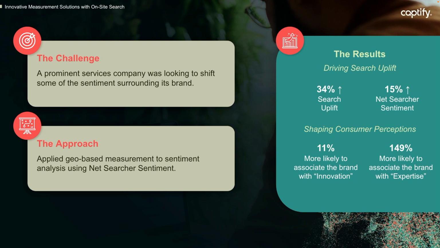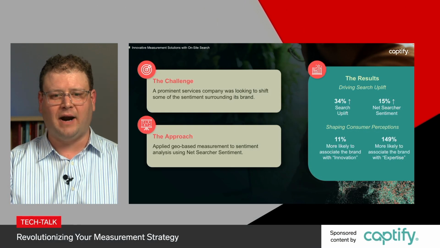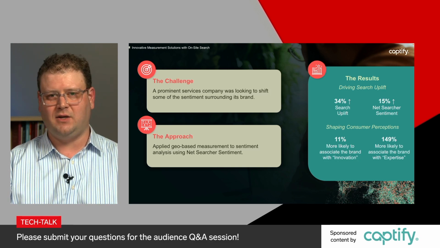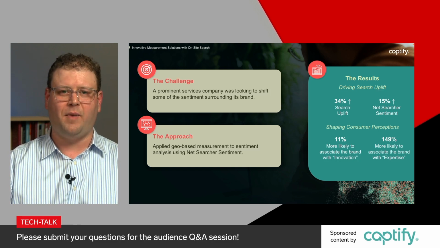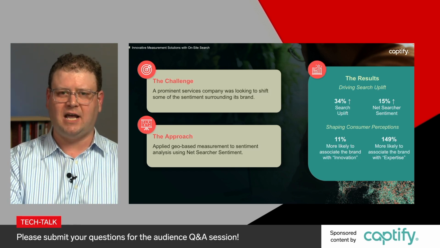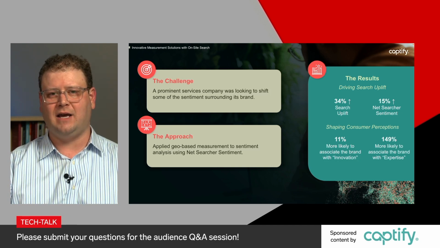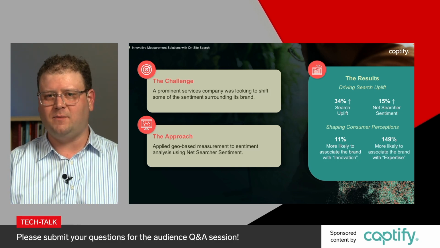Not only that, but some added benefits, we're able to understand that folks had an 11% improvement in how much they associated the brand with the concept of innovation, and a 149% improvement in associating the brand with the concept of expertise. So once again, very strong results, only possible by combining this concept of net searcher sentiment and search intelligence overall with geo-based analysis. So that's what we have in terms of case studies.